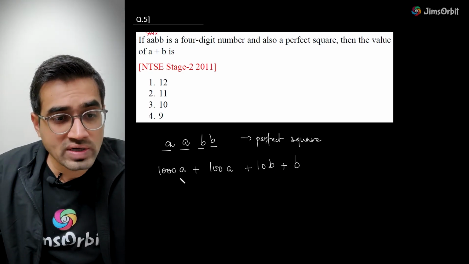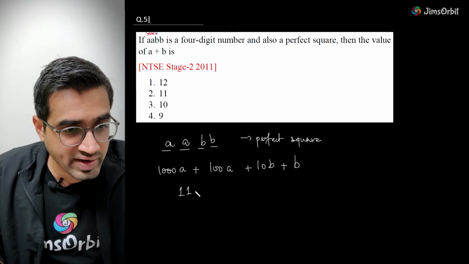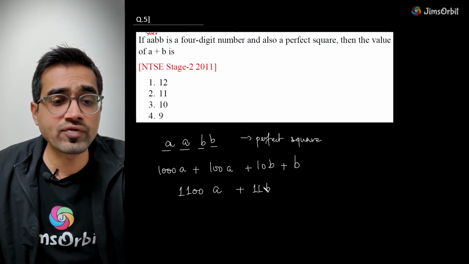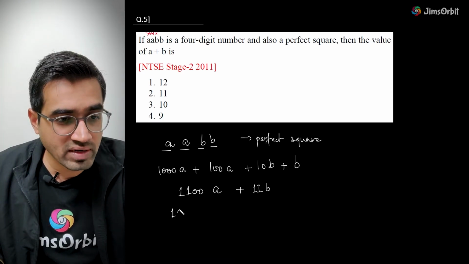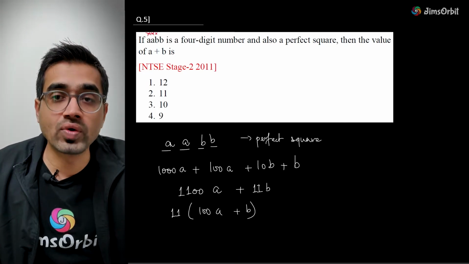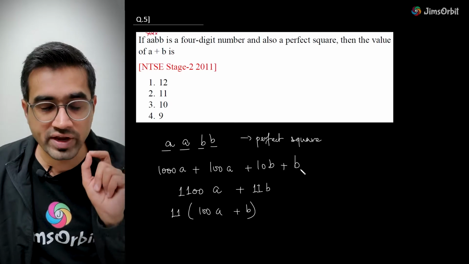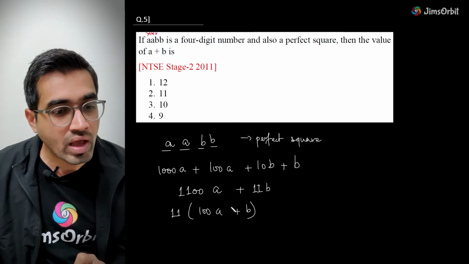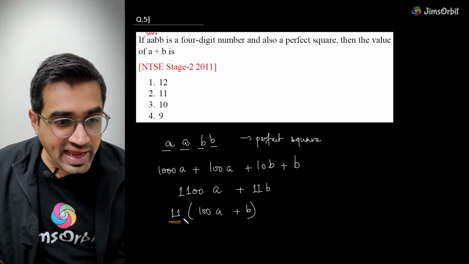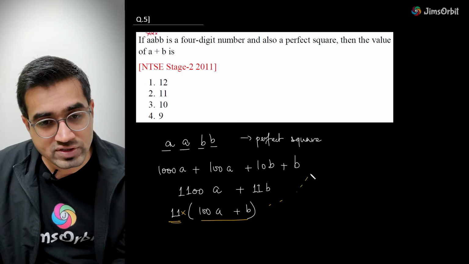Now this whole term gives me 1100A plus 11B. If you take 11 common, you get 11 times (100A plus B). Please listen very carefully now. At this point you find that 11 times something is giving me a perfect square.